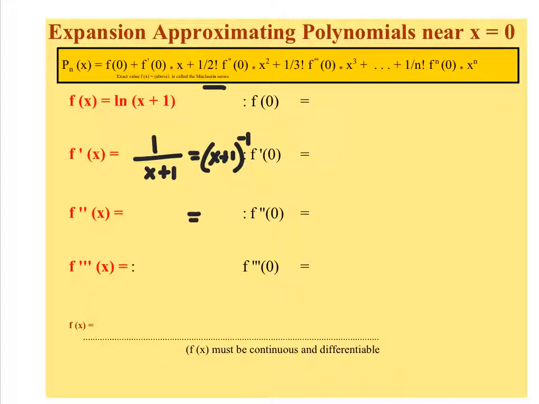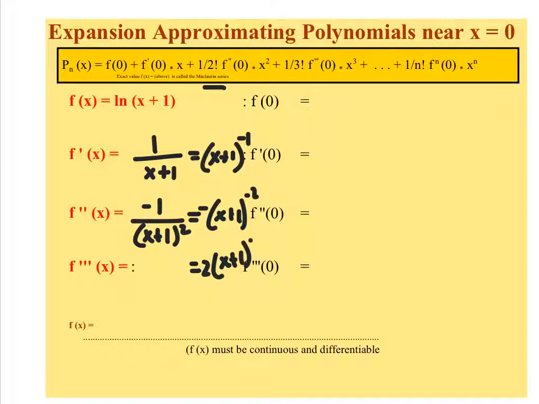That would make this negative x plus 1 to the negative 2, which of course is negative 1 over x plus 1 squared. And then the following one would be positive 2 times x plus 1 to the negative 3. So that would be 2 over x plus 1 to the third.